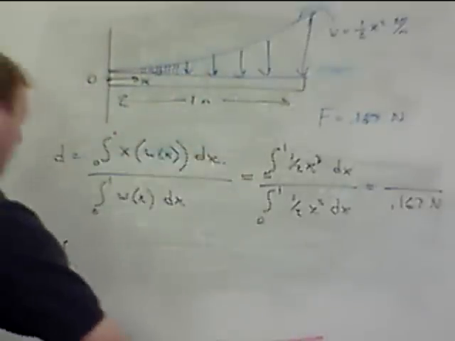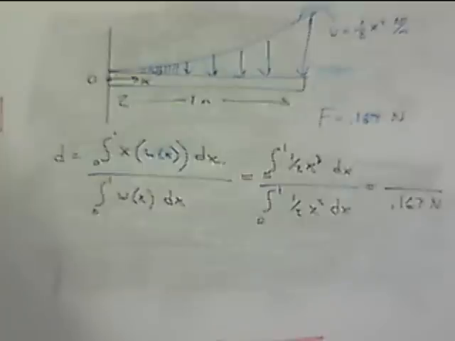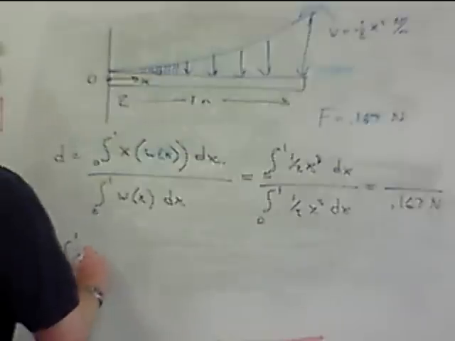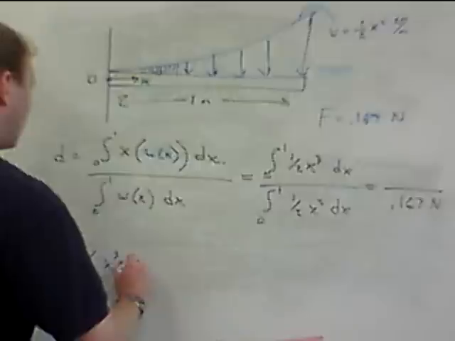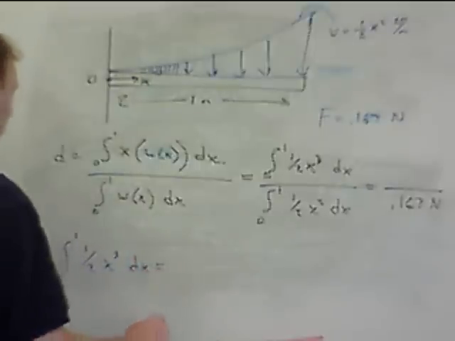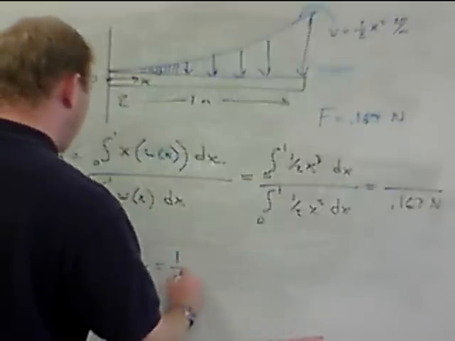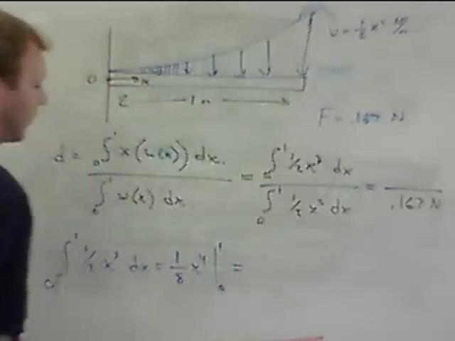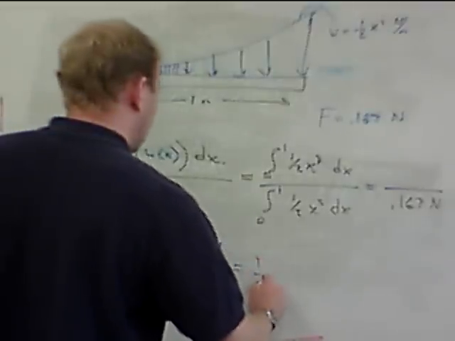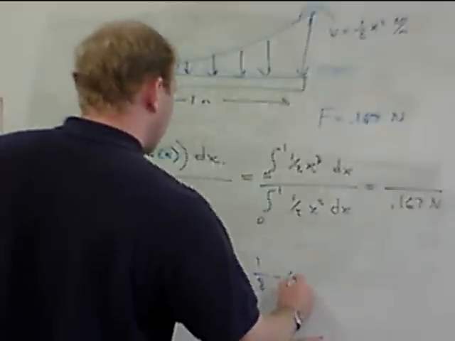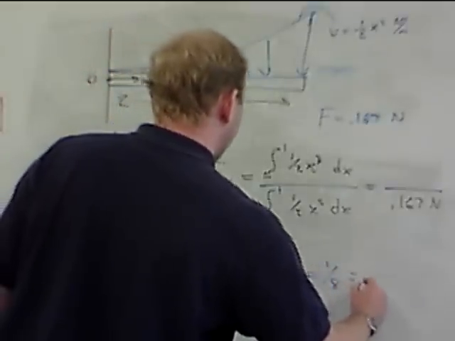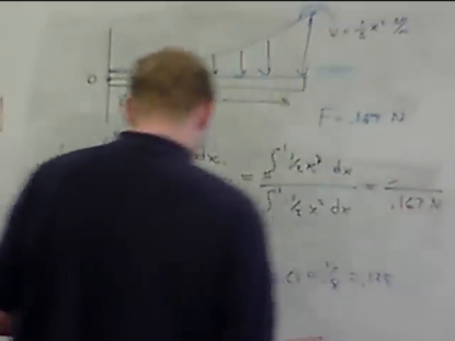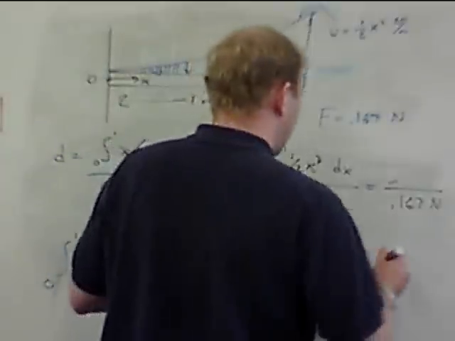So the integral from 0 to 1 of 1/2 x cubed dx is equal to 1 over 8 times x to the 4th, 0 to 1, is equal to 1/8 minus 0 is 1/8, or 0.125. So this goes right up here.